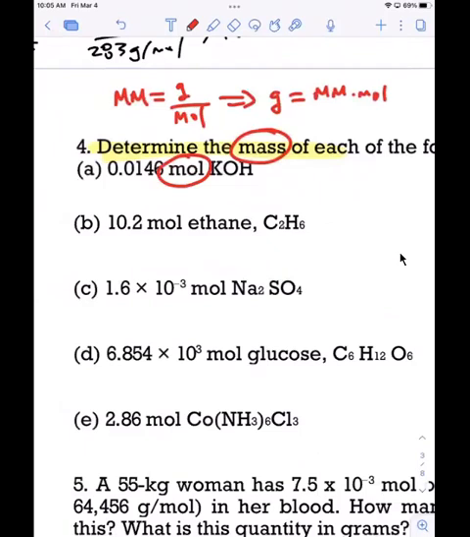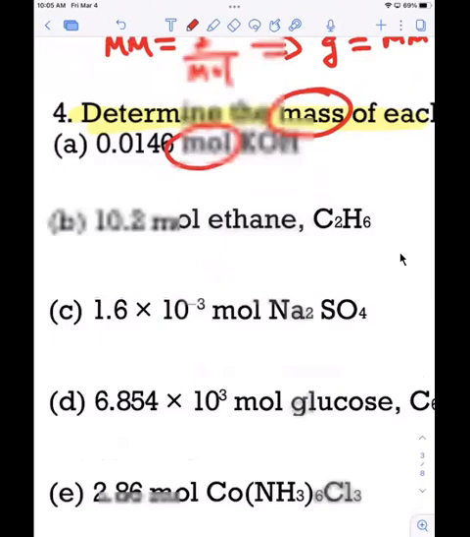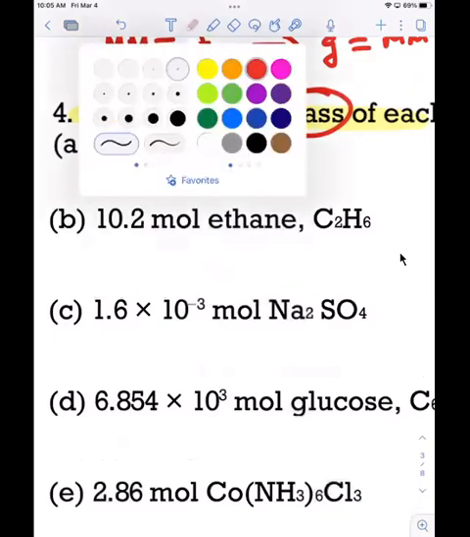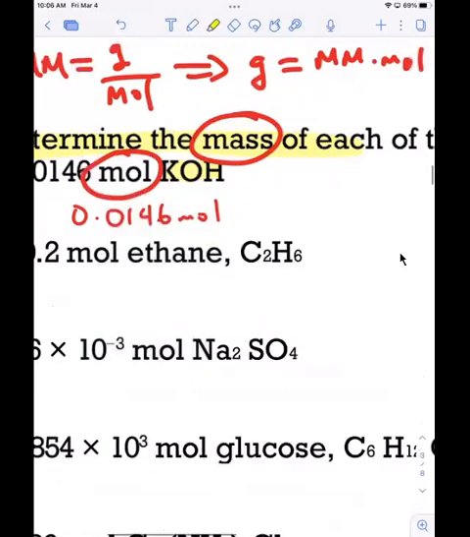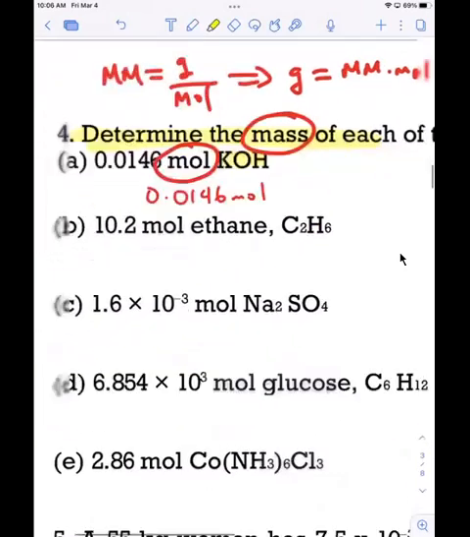So if I were to take the first one, 0.0146 moles of KOH. Why is it giving me KOH? Why do I need that? To find the molar mass. Without the molar mass, I can't find the mass because I don't have anything to put in that equation.